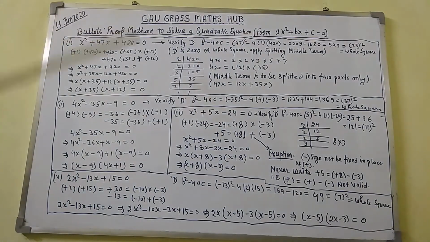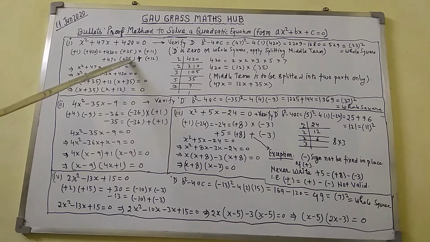Here you can see, the sign will be plus or minus. That will depend on this factor. Since you are seeing that everywhere the plus sign is there, now put the plus sign. Now the method is to move vertically downward, column wise. You can see plus 35 is there.